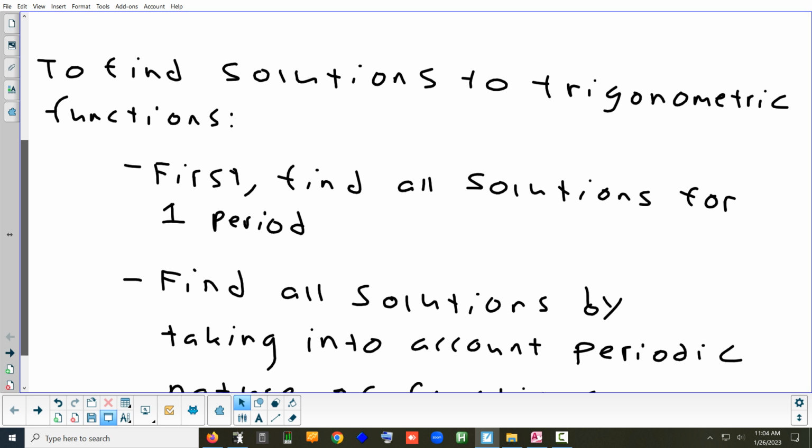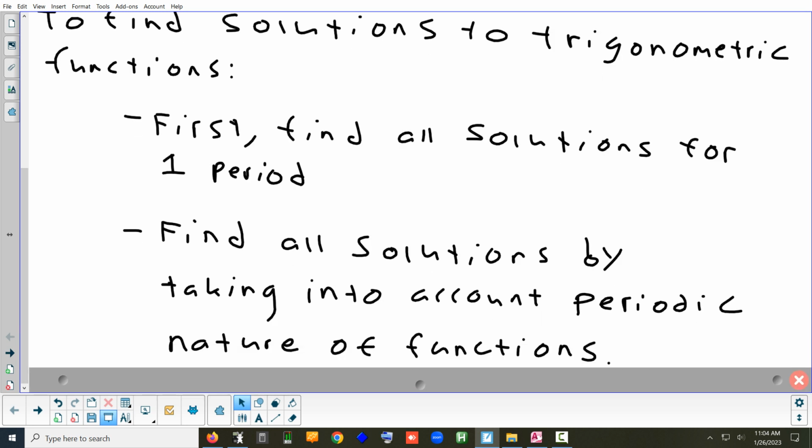Then you have to add something onto the end of all of them, because that solution is going to repeat itself every cycle. So we take that into account by putting the plus pi n or 2 pi n. Those are the most common ones, but we need to put plus the period times n to take into account the fact that the answers are going to repeat. That's what a periodic function is. It repeats itself. So if you get one answer to a periodic equation, you really have infinite n.